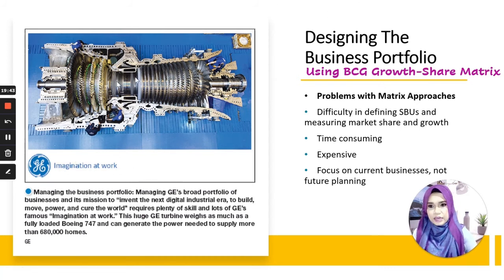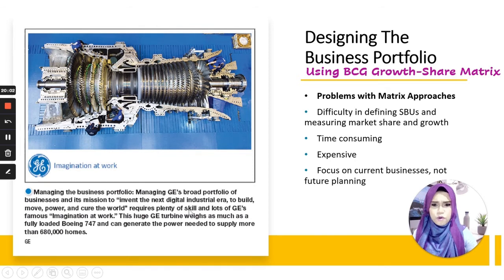An example here is GE, General Electric. In managing its business portfolio, GE has a broad portfolio of businesses and its mission is to invent the next digital industrial era to build, move, power, and cure the world.